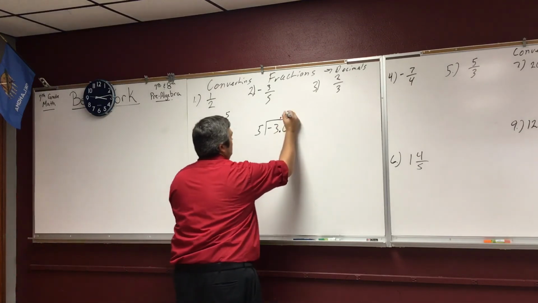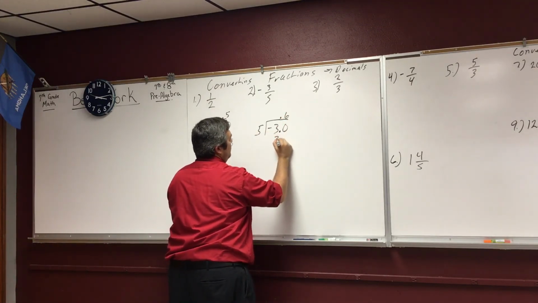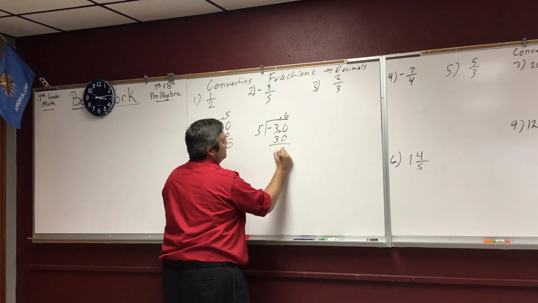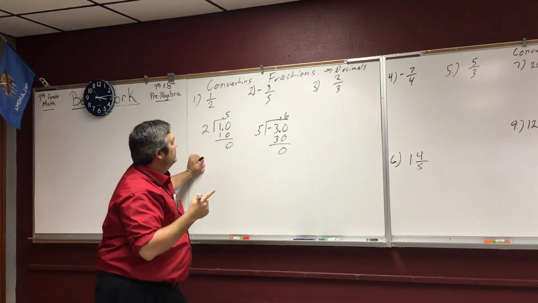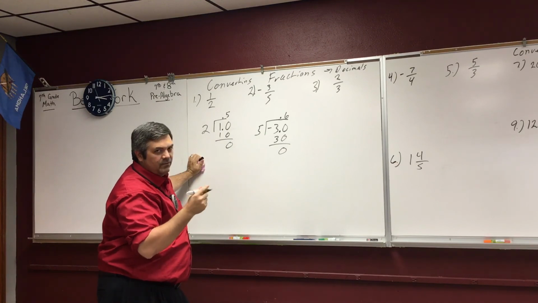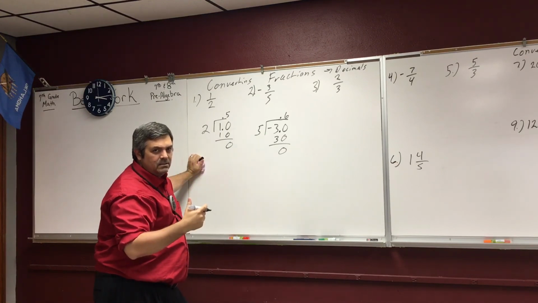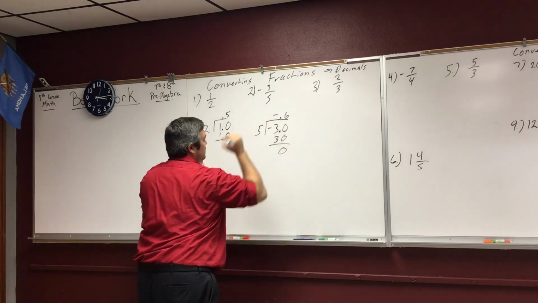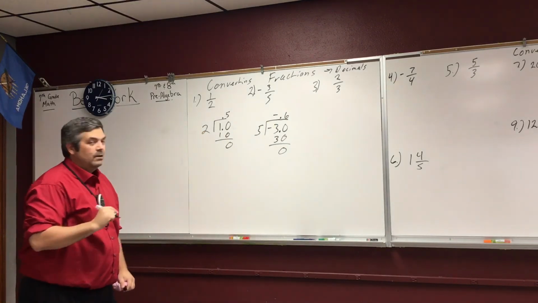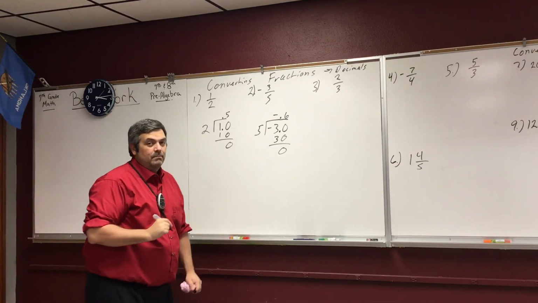Well, 6 times 5 is 30, subtract, you get 0 remainder. But that should be a negative, because a negative divided by a positive gets us a negative. Remember your integer rule, so -0.6. Got to remember that. You'll mess those things up.